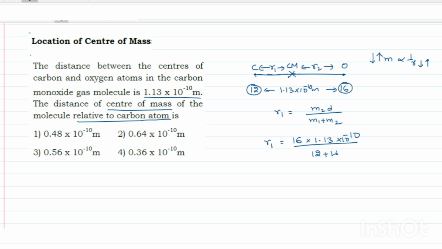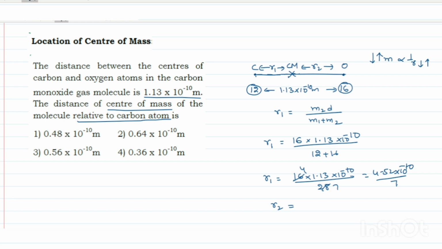Now R1 will be equal to 16 into 1.13 into 10 power minus 10 by 28. Four 7s are 28, so it becomes 4 into 1.13, which gives 4.52 into 10 power minus 10 by 7.